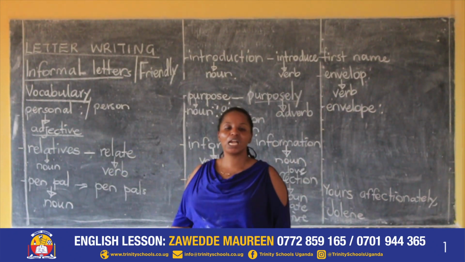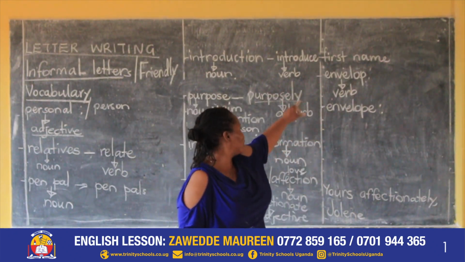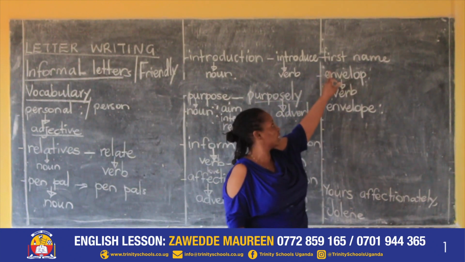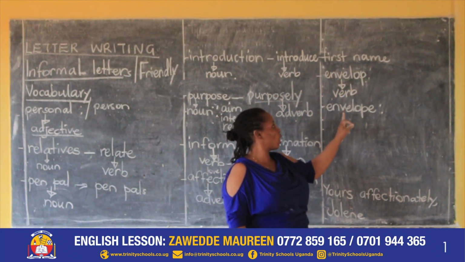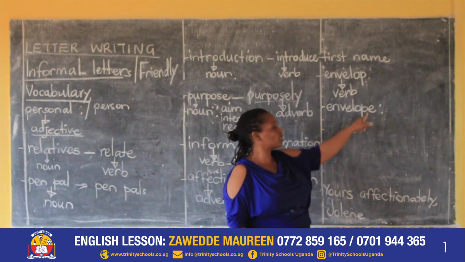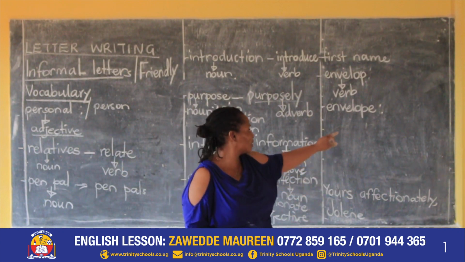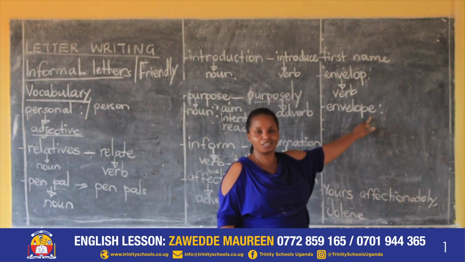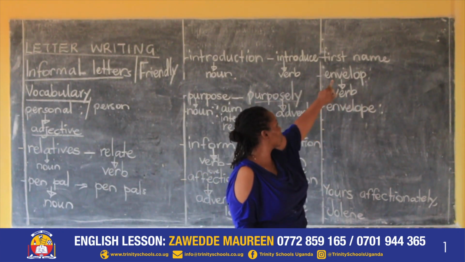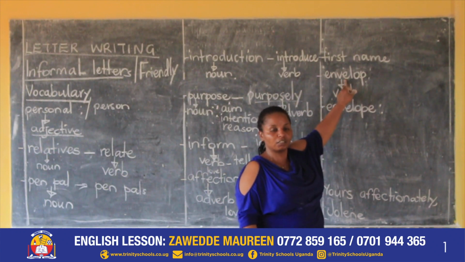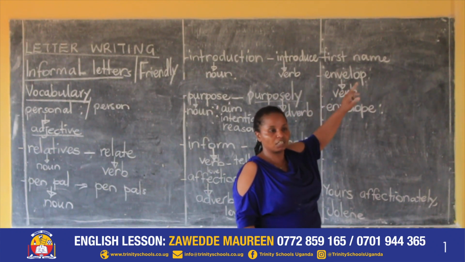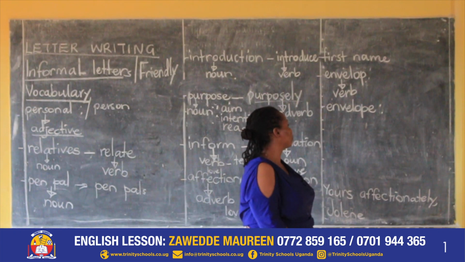It's called an envelope. This one is a verb, which is envelope. This one is envelope. You see the difference between the two? The envelope, the thin paper container, has letter E at the end. You can see, this one, the verb, does not have letter E. That's the difference between the verb and the noun.